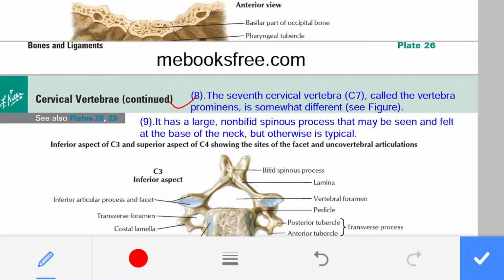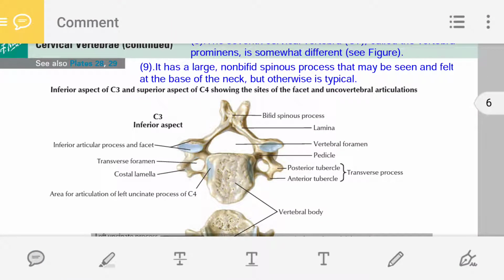Now the seventh vertebra, as I told you earlier, is known as the vertebral prominence, and this seventh vertebra is somewhat different. How it differs from the rest of the cervical vertebrae, that is the point.